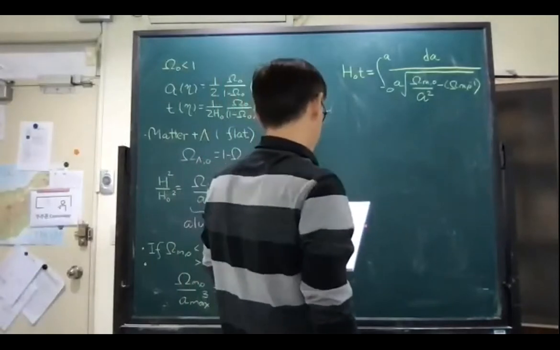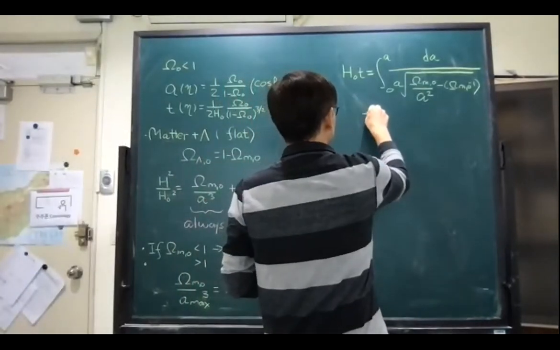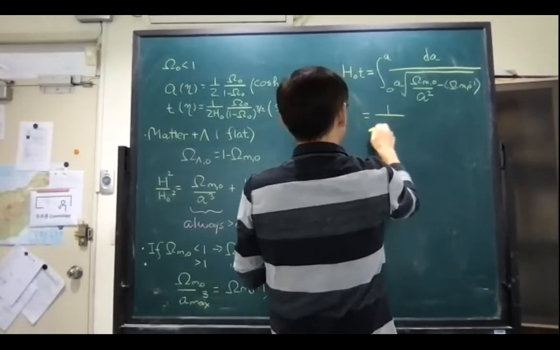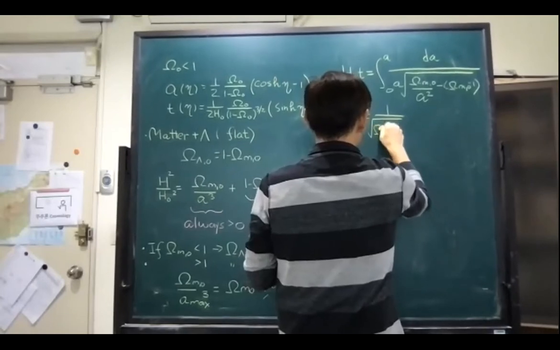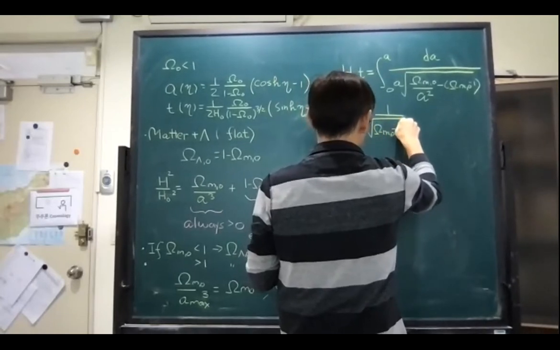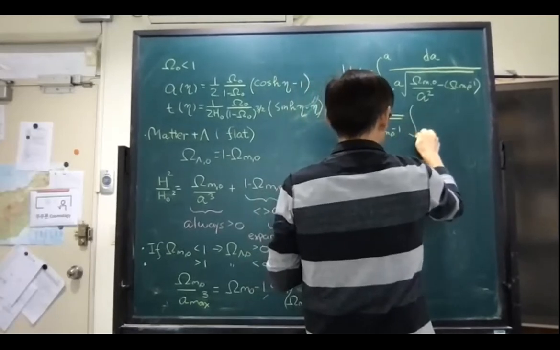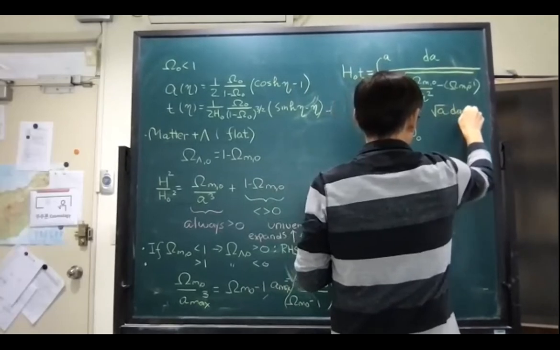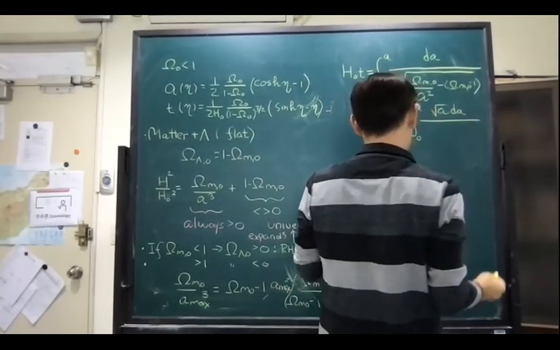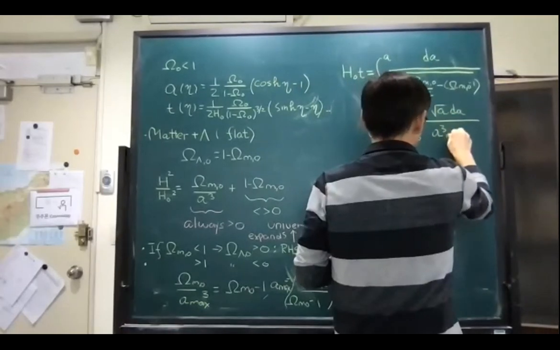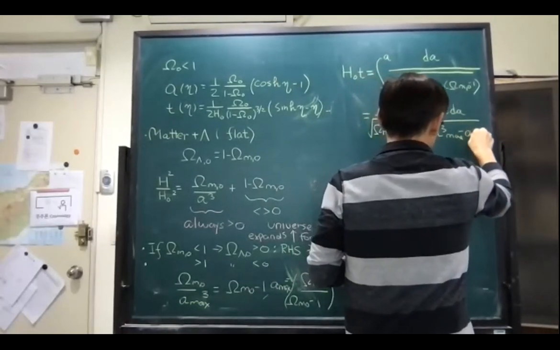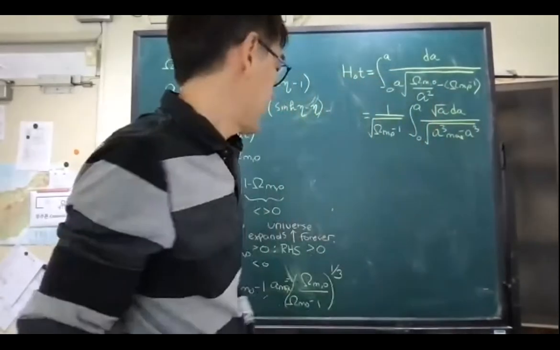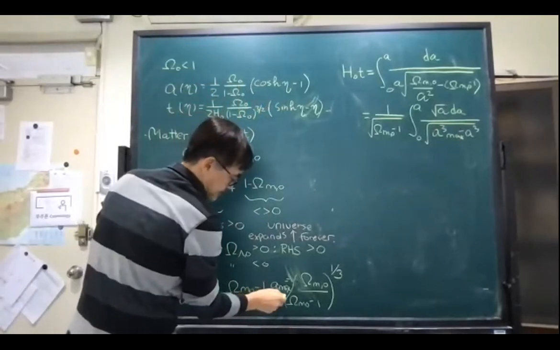And the next step is, I'm helping with your homework. You can change this to the square root of omega m0 minus 1, integral from 0 to a of square root a dA over the square root of a max cubed minus a cubed, where a max is this guy.